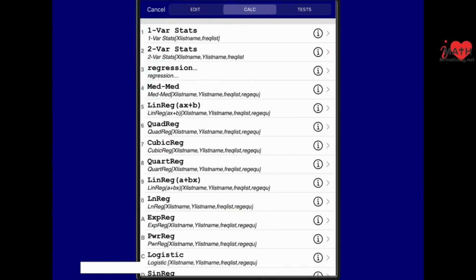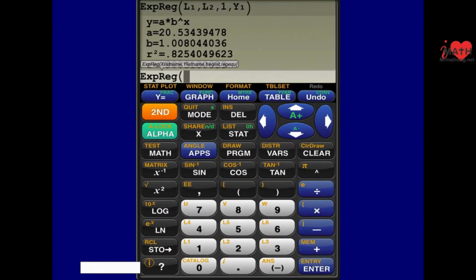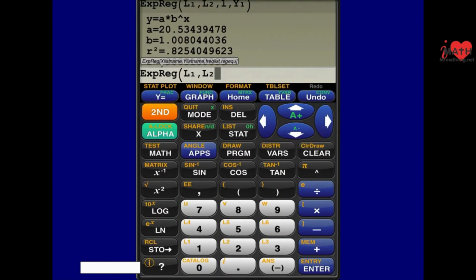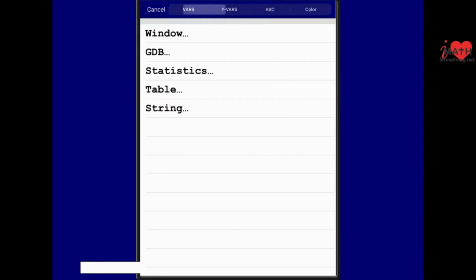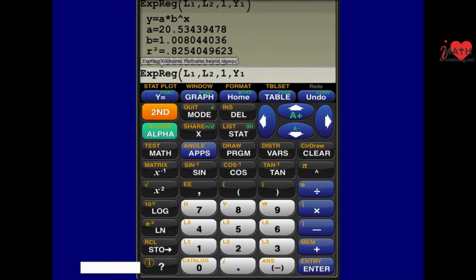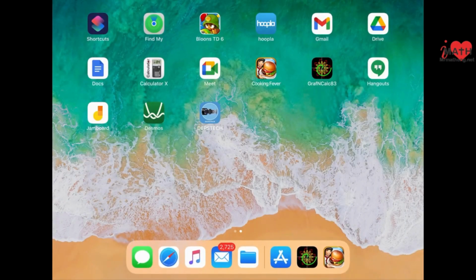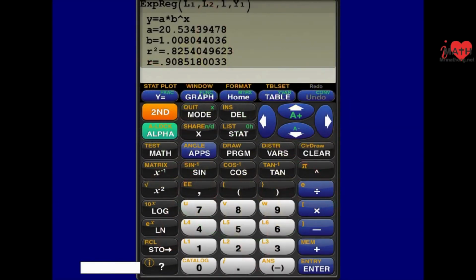Stat calc exponential regression, L1, comma L2, comma 1, comma vars, y vars. Crashed again. Oh, please.